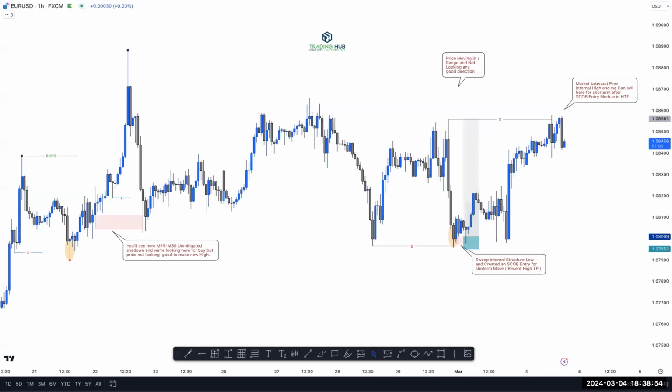If all order flow is already mitigated, in that case, simply you can switch to your order block. Okay, first identify order flow. If order flow is mitigated, then you have to switch to order block. Okay, if all order blocks are already mitigated, in that case, simply you can go to your unmitigated shadow, right?